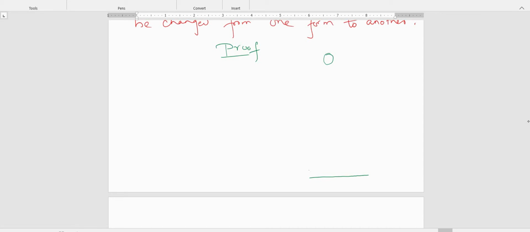So after some time the ball will come to this point, isn't it? And at the end it will hit the ground. So let this point be point number A. Right.